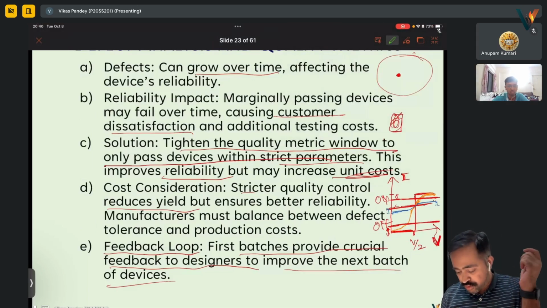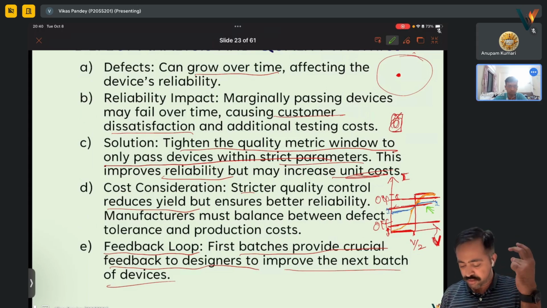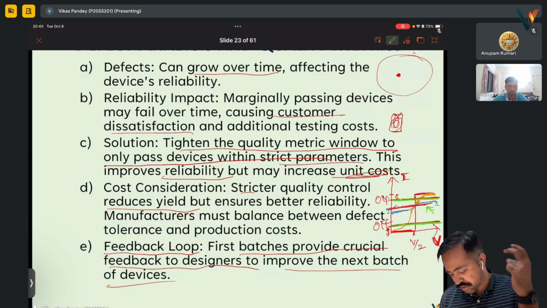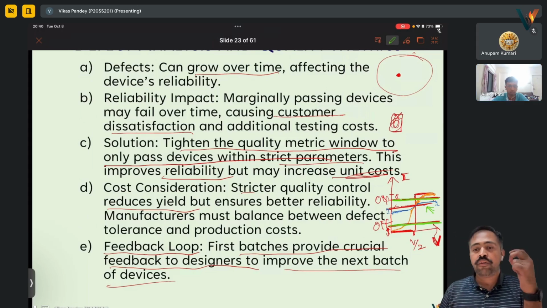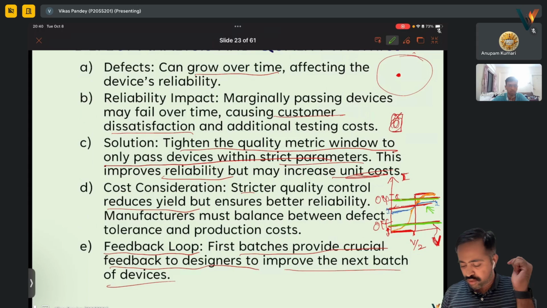First tolerance limit was this, right? Now we are putting two tolerance limits. For on, we are putting this tolerance limit. For off, we are putting this tolerance limit. Now you see the blue will not fit in these limits. This is the lower limit of on, and this is the upper limit of off.